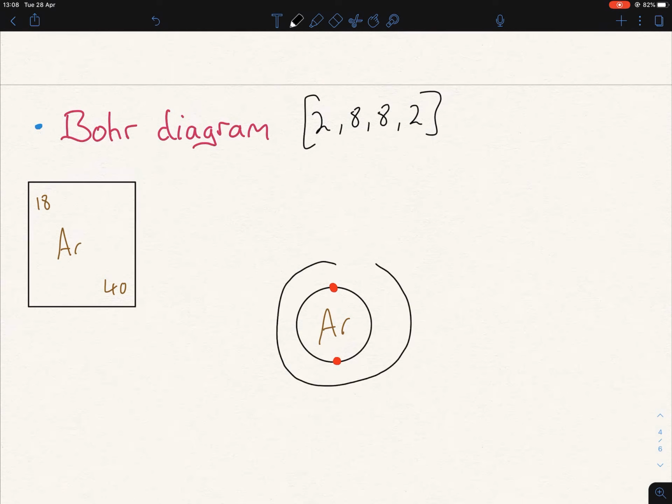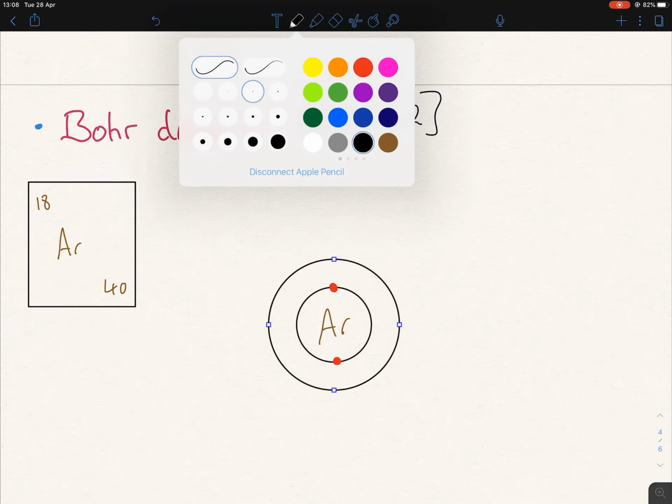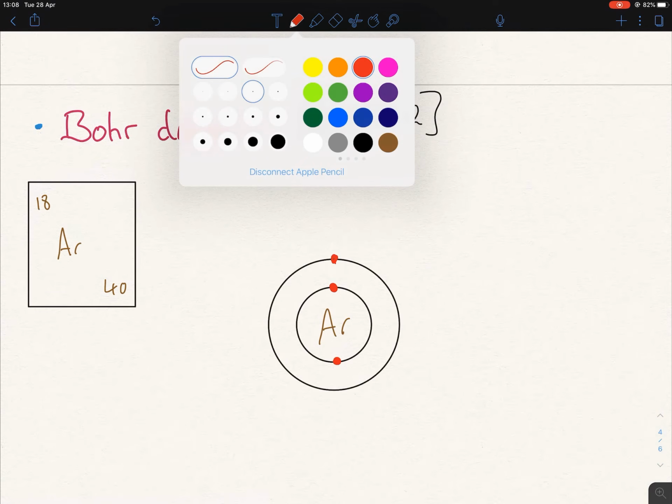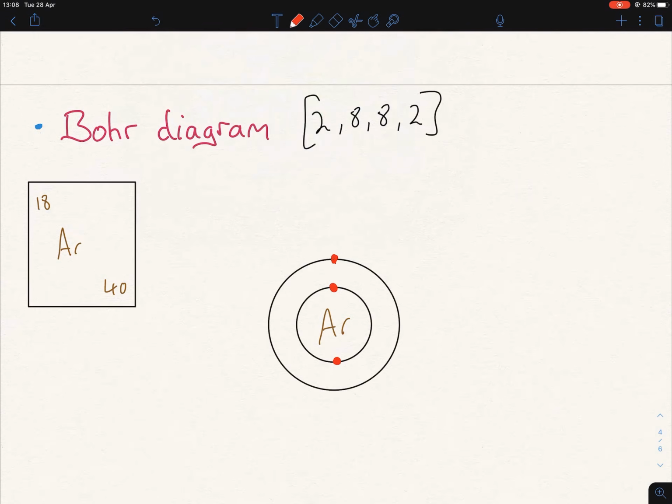Draw in my next orbit. I definitely have enough here again, so I'm going to put in my electrons again here. So 1, 2, 3, 4, 5, 6, 7, 8. So I have a total of 10 electrons.